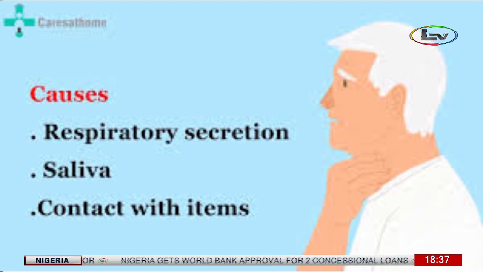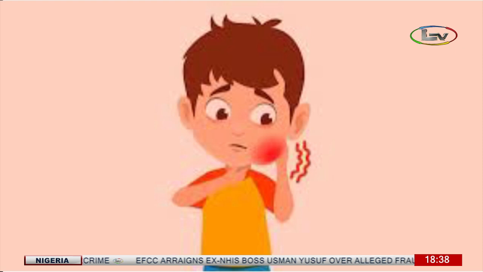When someone that carries the virus sneezes or coughs into the air, it releases the virus into the air, and through that it spreads from one person to another. When you get in contact with the virus that has been released into the air by the infected person. So it's easily spread from one child to another and from one person to another. That is why we said it is very contagious.